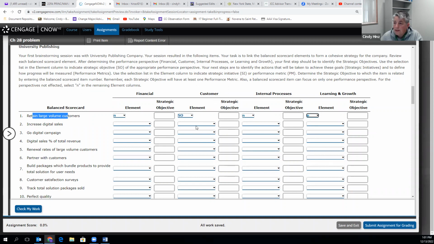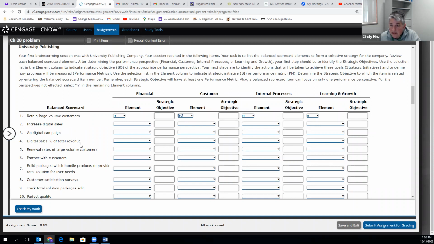Let's see if there is an initiative that this company, University Publishing, is going to promote to try to retain large volume customers. I'm not sure that there is, because we don't always have a strategic initiative associated with each one of our objectives.